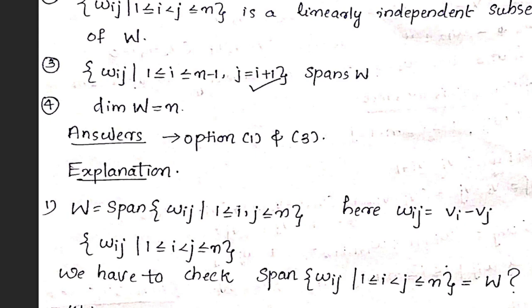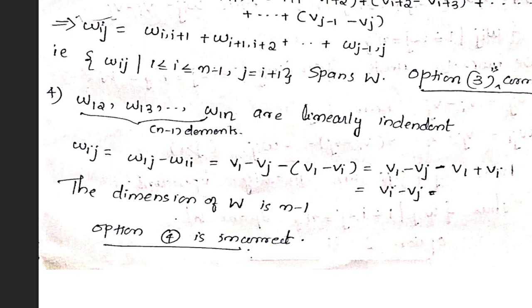Next we consider the fourth option. Dimension of W is equal to n. We need to check whether dimension of W is equal to n or not. Consider the elements W12, W13, etc., W1n.